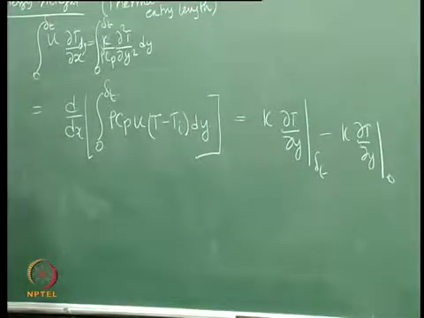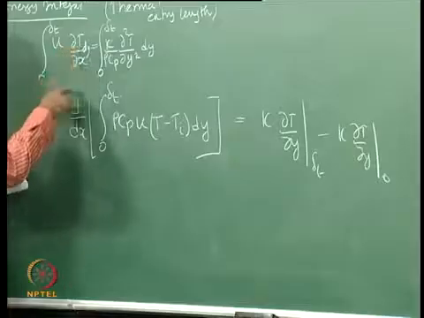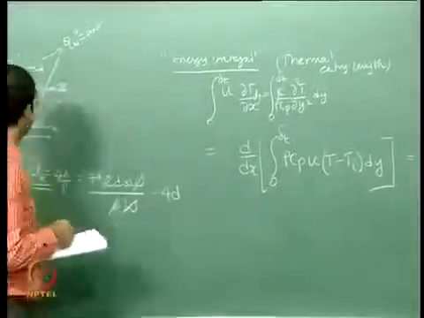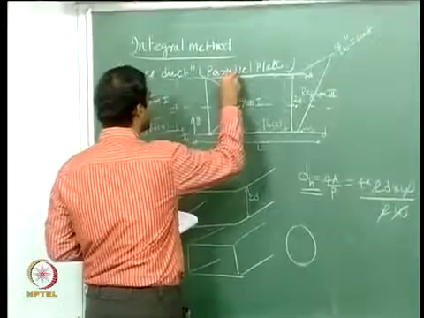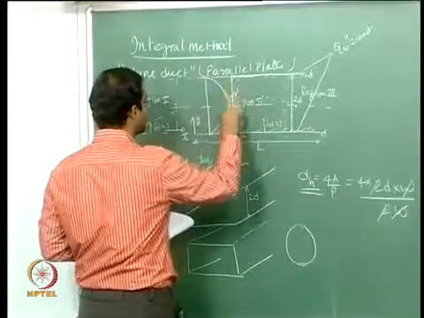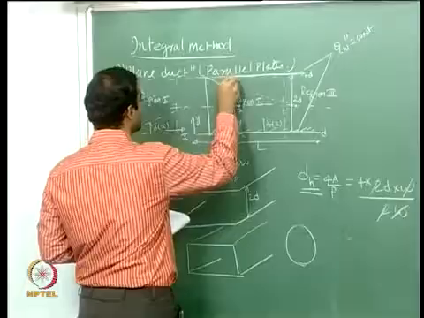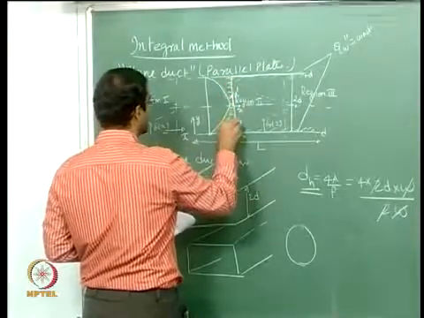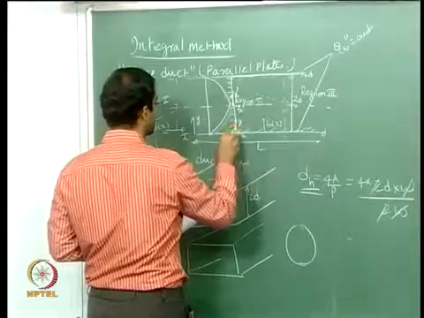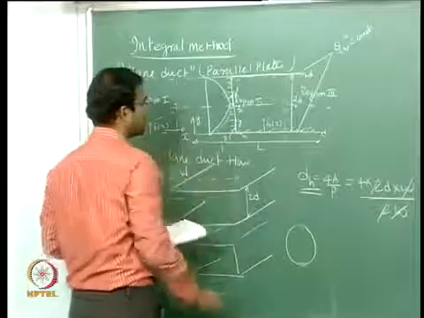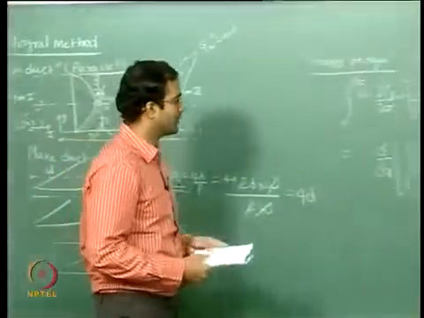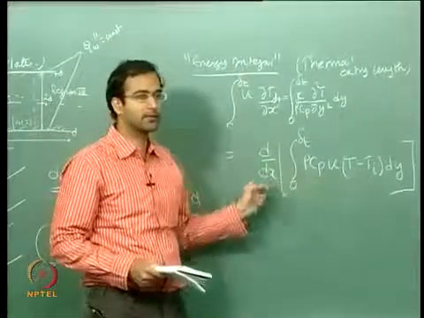I have just introduced T minus Ti on both the sides because Ti is the inlet temperature. You can assume that the temperature profile at x equal to 0 is uniform, and this temperature is basically Ti. Okay. So there is no harm in just introducing Ti into the derivative.